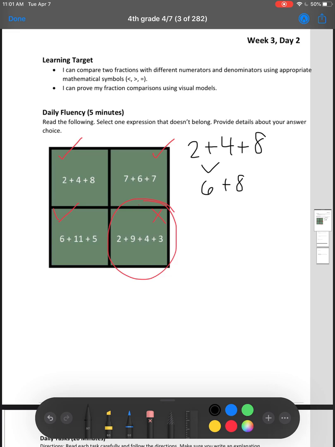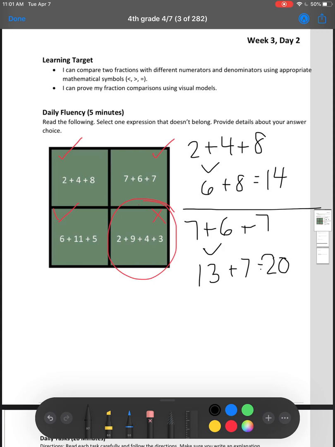Now you have 6 plus 8, which gives you 14. Okay, now we've solved that one. Then you could solve the next one, 7 plus 6 plus 7. 7 plus 6 is 13, and then 13 plus 7 gives you 20.